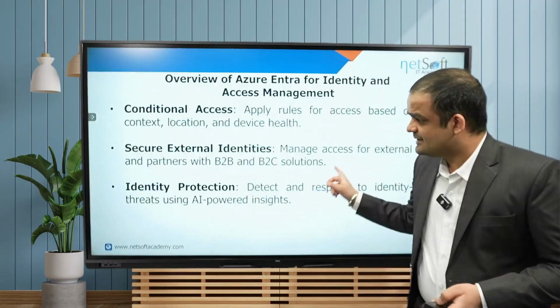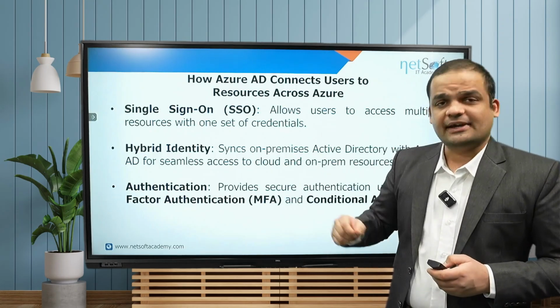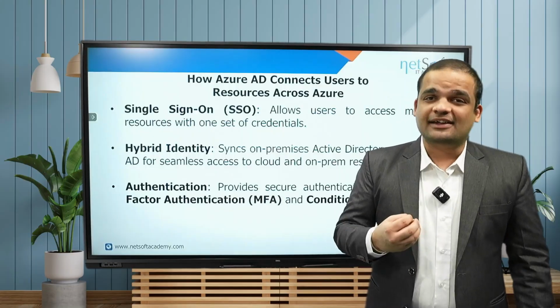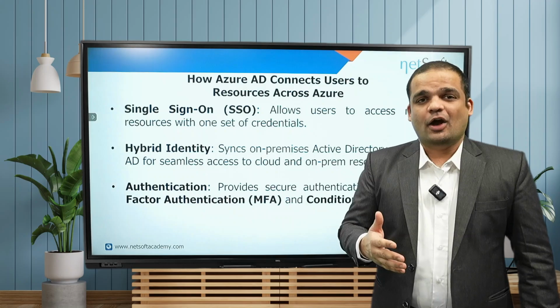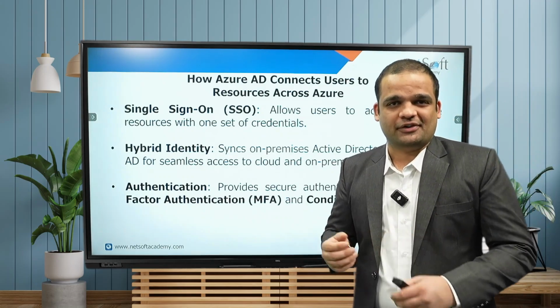Now, let's discuss how Entra ID connects users across Azure infrastructure. The first concept is SSO, single sign-on. It allows users to authenticate once and access multiple resources, whether they're cloud-based or on-premises resources.